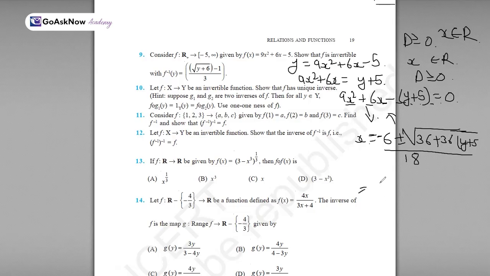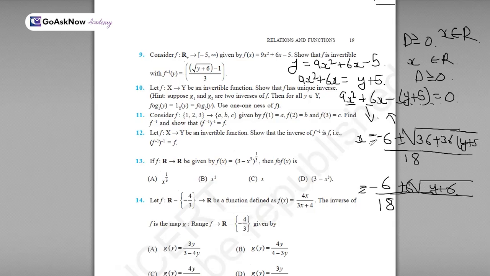After simplifying it, what you will get? Minus 6 upon 18 plus or minus root of this, 36 will come out, then it will become 6, and here you are remaining with y plus 5 plus 1, that is equal to y plus 6.